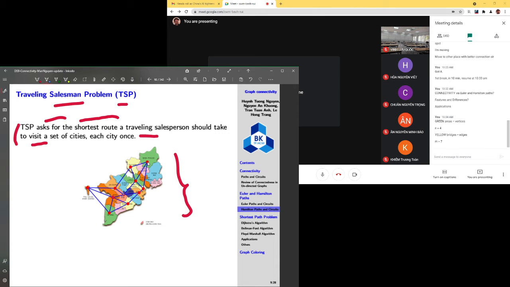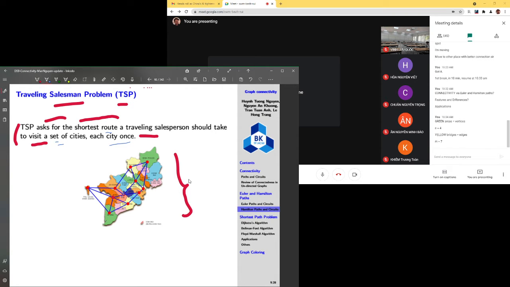So we concentrate on the vertices in the Hamilton, while in Euler we concentrate on the edges. That's why we say the TSP is finding the shortcut route in the sense of minimizing the cost to stay at the cities, or the vertices in the graph. One city, one night only, you see. Not allowed to stay in some city a few times, only one time.